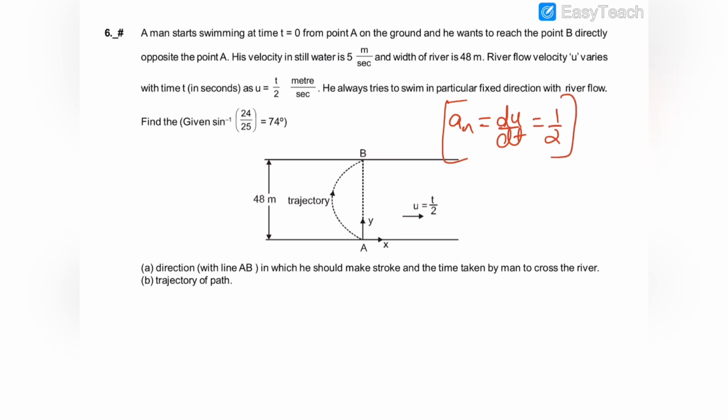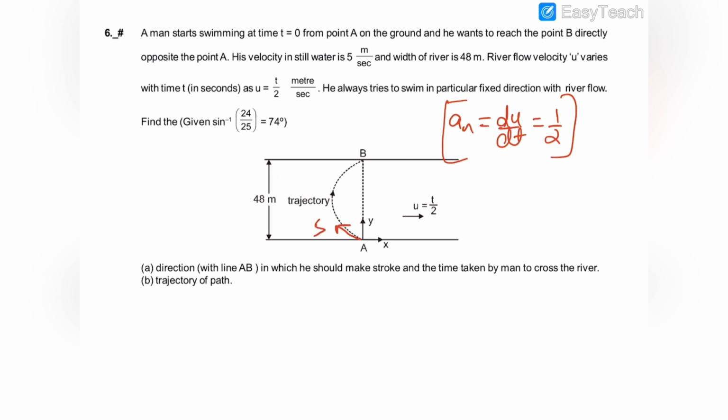So you can visualize this problem as a ball thrown like that, with gravity acting in this direction, and the acceleration due to gravity is half. So this would be a projectile motion path, and the velocity of this ball initially was 5.